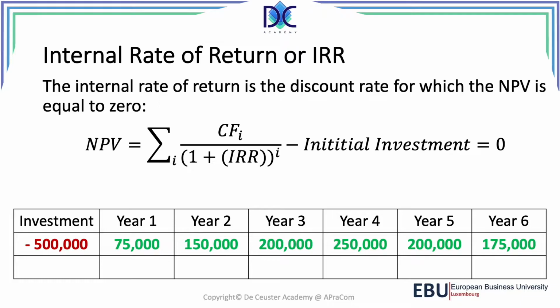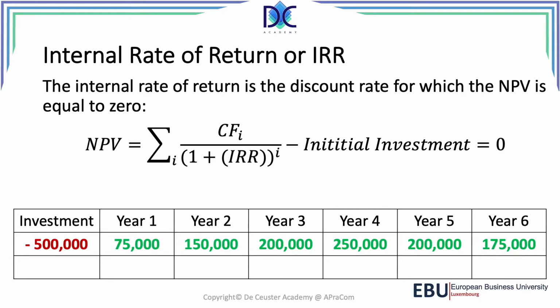We can also calculate it by hand, by estimations. Basically, we are going to create a table with different discount rates and calculate the net present value. And we will see that there is something special in the table.